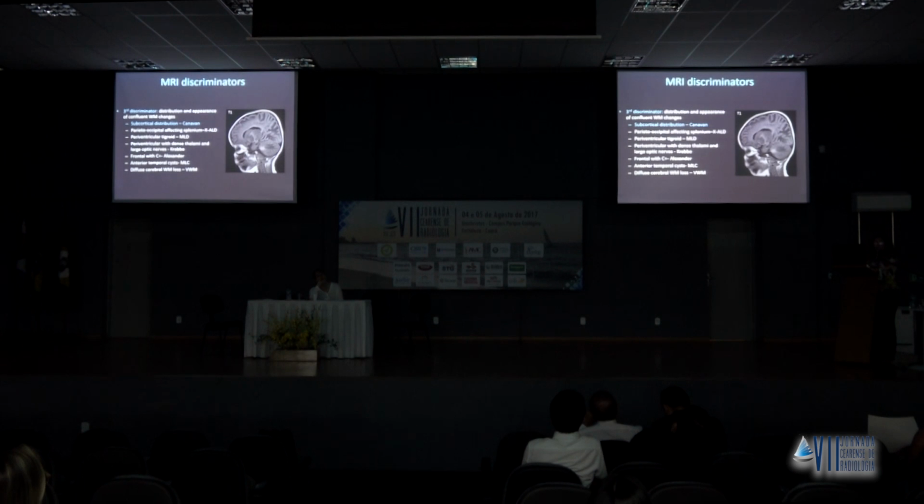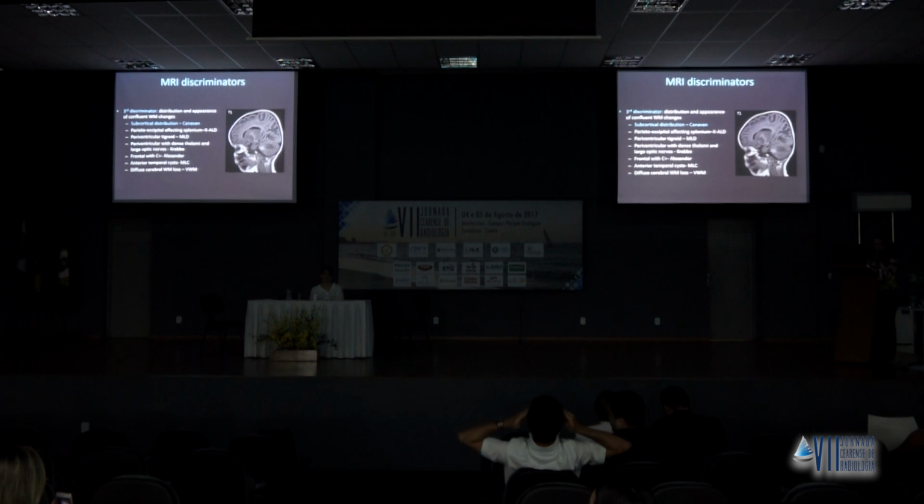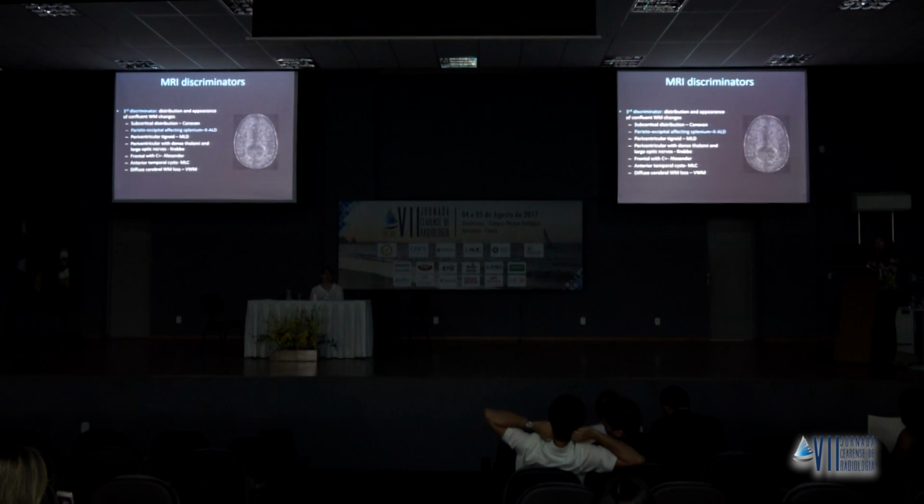The third discriminator is what is the distribution and the appearance of these confluent white matter changes. If they're going to be subcortical in distribution, I'm going to think about Canavan's disease. Now remember, this is all imaging that has to occur early on in the process of the disease. If you wait until the end, everything's going to look the same.